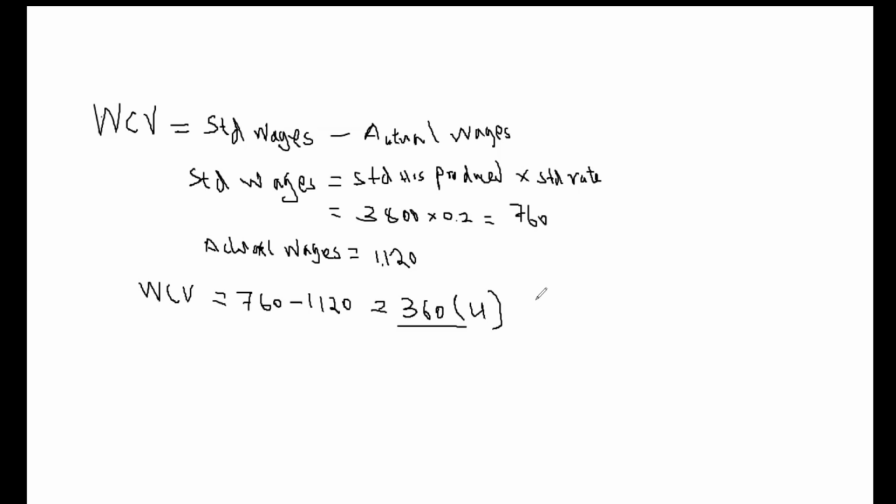Adverse means the variance is negative. It's not favorable, right? So it's either favorable or unfavorable, or favorable or adverse. I hope I'm clear there. So when you see other books writing A, they are just referring to unfavorable.